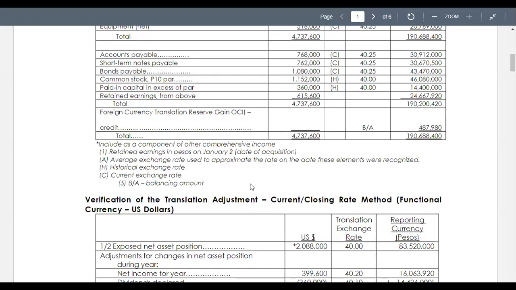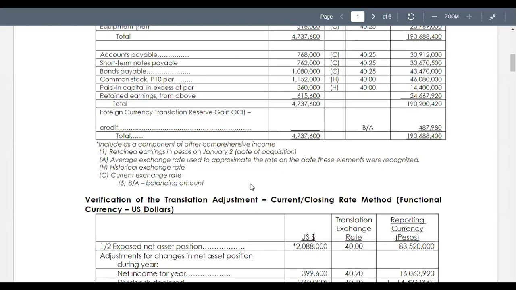Land: current under the current method, historical under remeasurement because land is non-monetary. Goodwill: current, then historical. Sales under both is weighted average. Depreciation under the current method is weighted average, but under remeasurement it's historical because it relates to the fixed asset account.